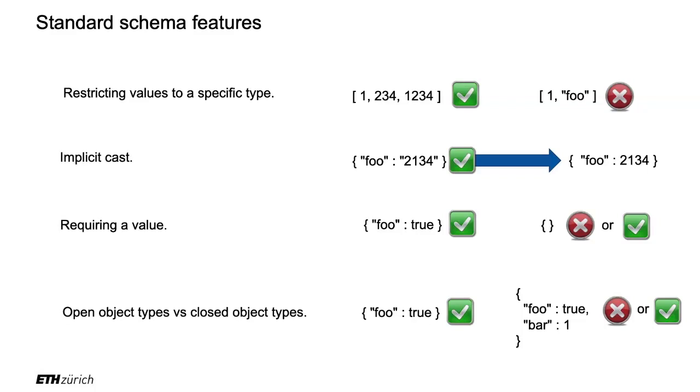That's the third feature of a schema. A fourth feature is whether or not I allow for extra keys that I don't have in my schema. That's also something you can choose to do or not to do, right? You can, for example, either say bar, which is not in my schema, will be accepted or rejected. It's your choice, depends how you build your schema, but you can control that.